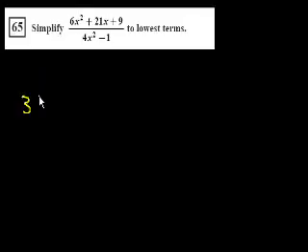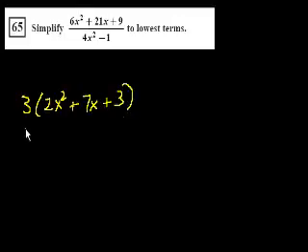Okay, let's see. They want us to do it again. So this top expression, let's see, everything's divisible by 3, so let's rewrite it. Let's factor out a 3 there. So it'd be 3 times 2x squared plus 7x, right? 21 divided by 3 plus 7x plus 3. Let's see, what's the bottom one? Well, this fits the pattern, a squared minus b squared, right?